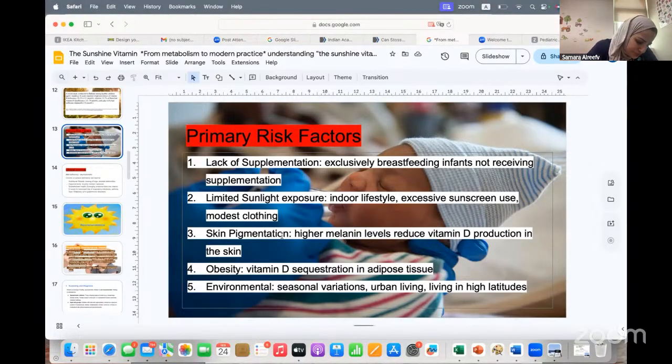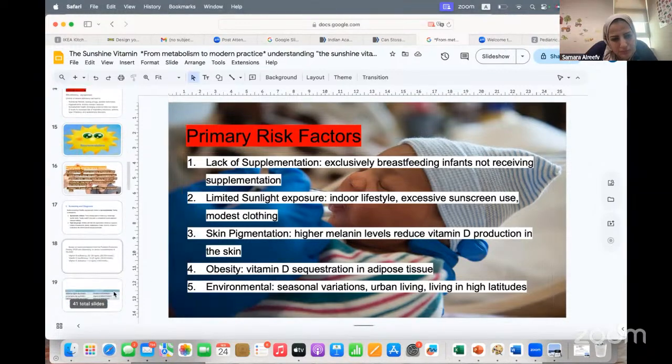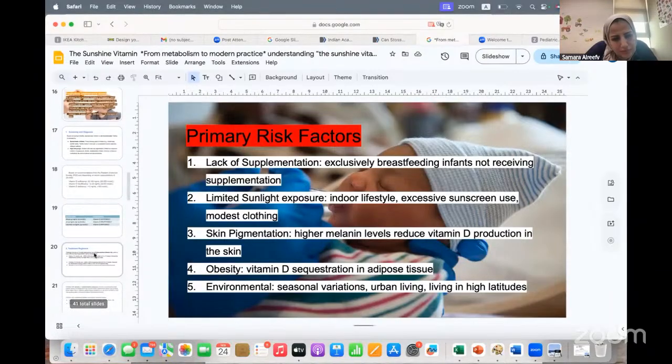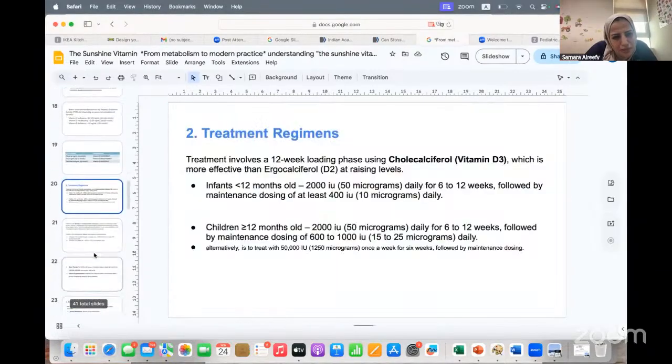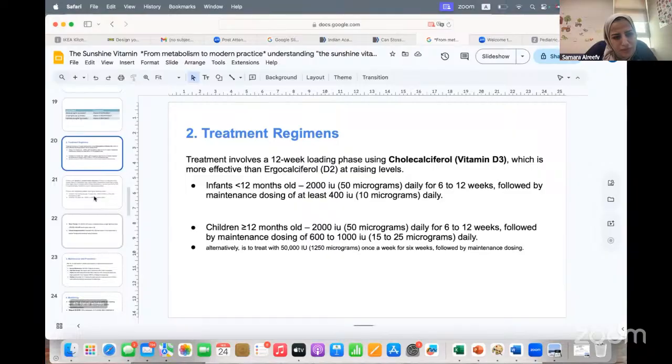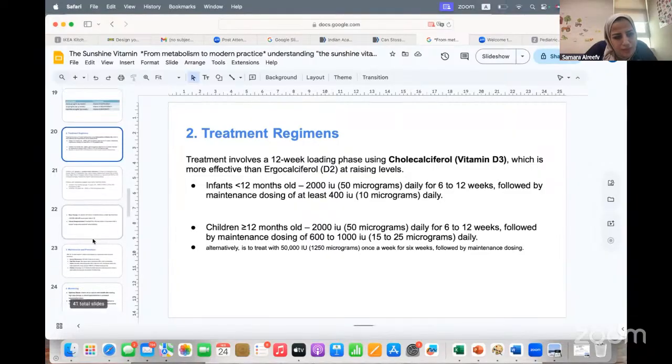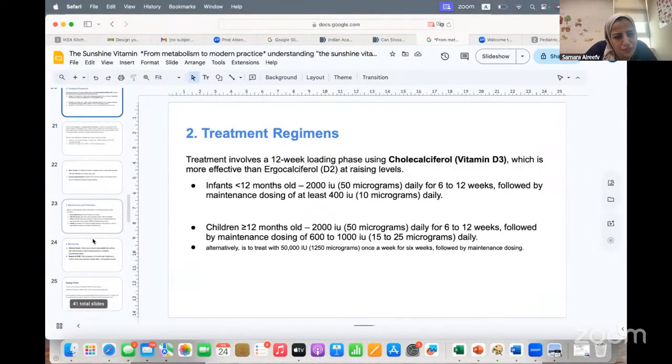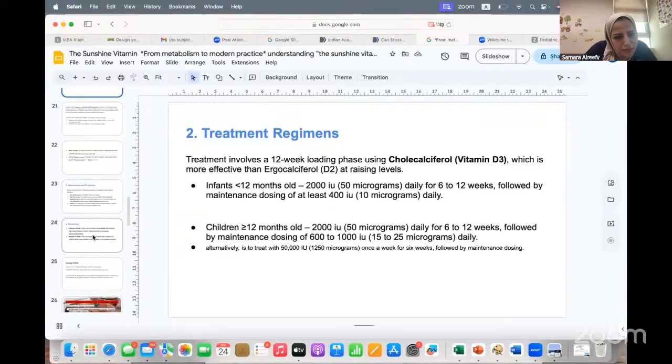This is Dr. San. I just had one more question, Dr. Samara. Is there any particular reason why the AAP recommends 6 weeks of supplementation, whereas the IAP recommends 12, double the amount, in terms of treatment? It depends on the prevalence of the deficiency in the environment. It's more prevalent in India.